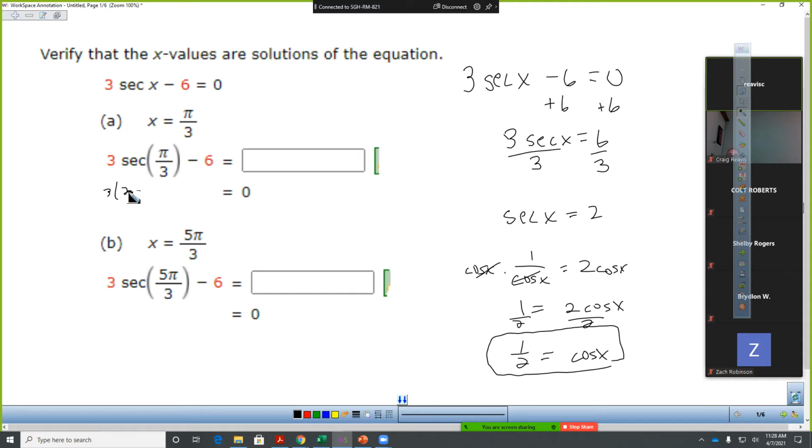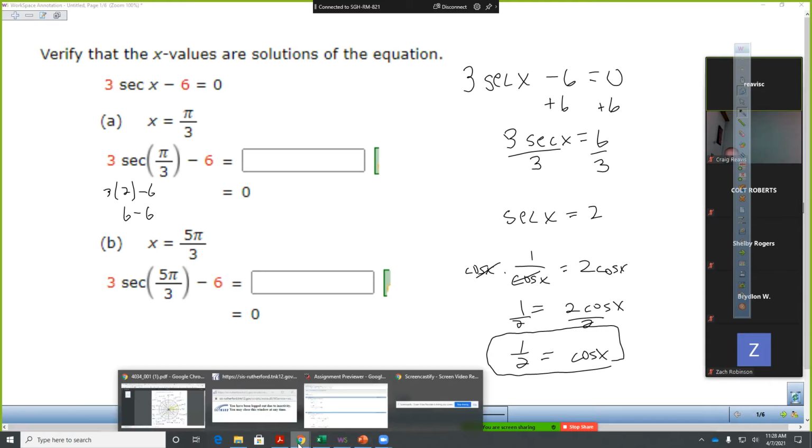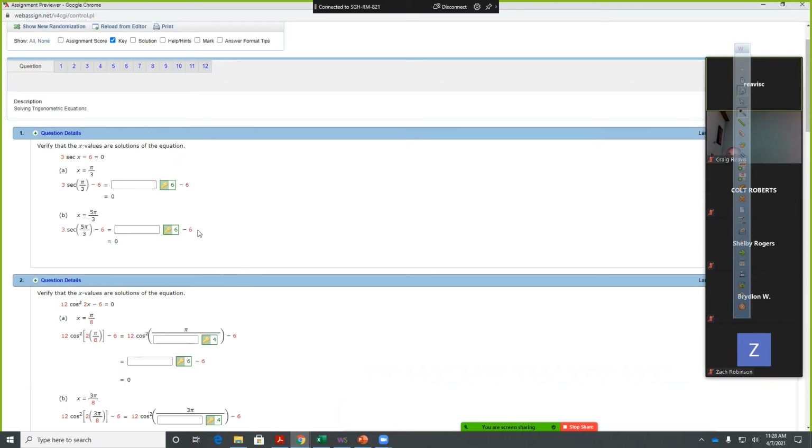This is going to be 3 times 2 minus 6, which is 6 minus 6, which equals 0. For some reason they're saying they want 6 there, but I guess they're wanting 6 minus 0. Let me look back at that. Oh, there's a minus 6 right there.